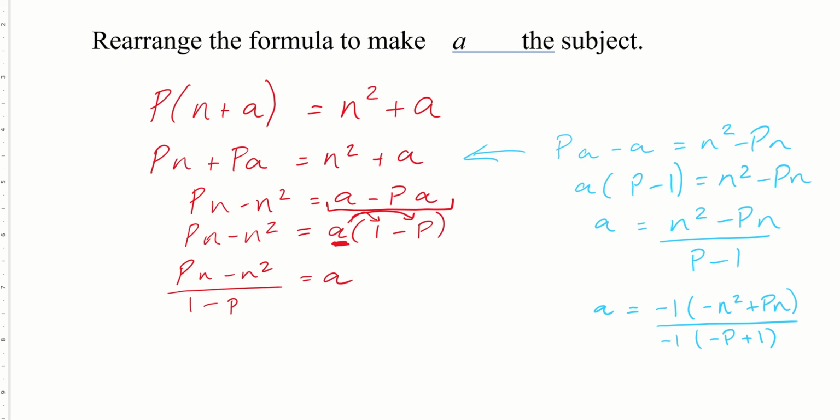Factorise out -1, I get negative p plus 1, and the negative 1s cancel each other out. What do I have now? The exact same answer. So if you do get stuck and you put things on the other side, it doesn't matter. It's still the exact same thing. So just be mindful of that purely because of multiple choice. But if it wasn't multiple choice, no matter which answer of these two you had, it's perfectly right.